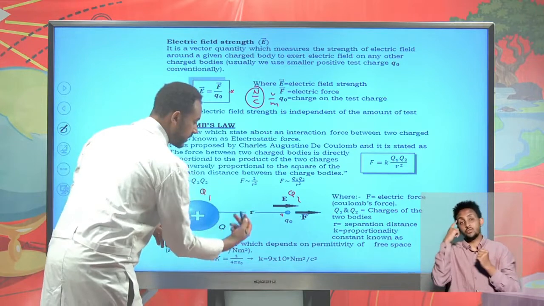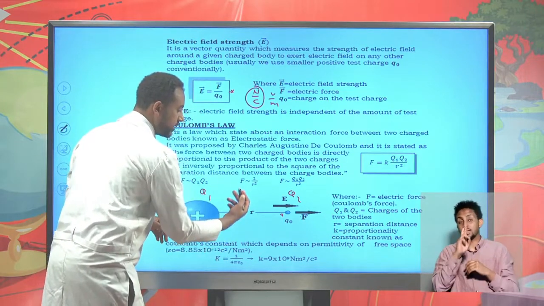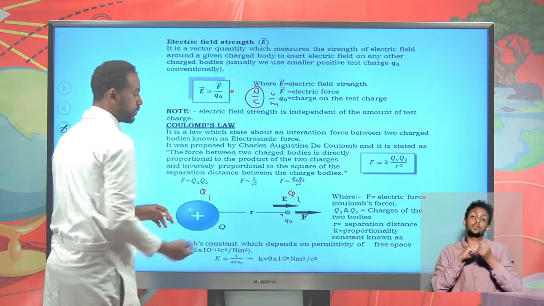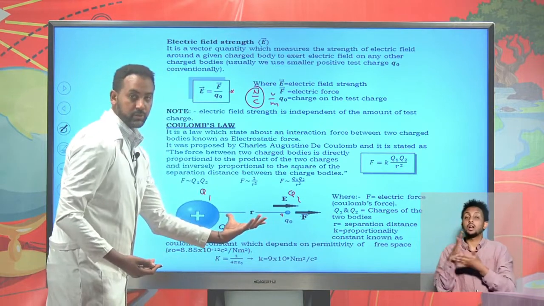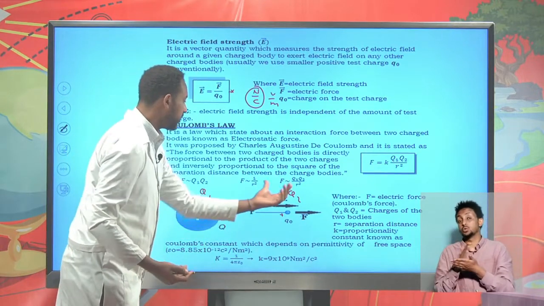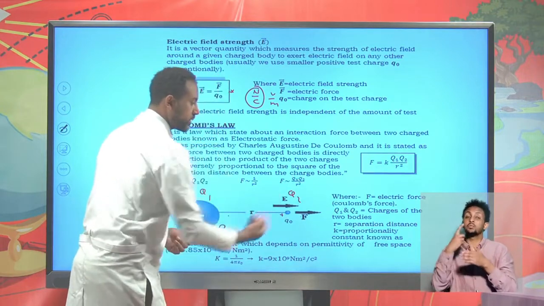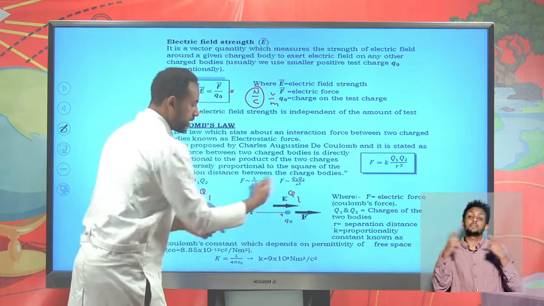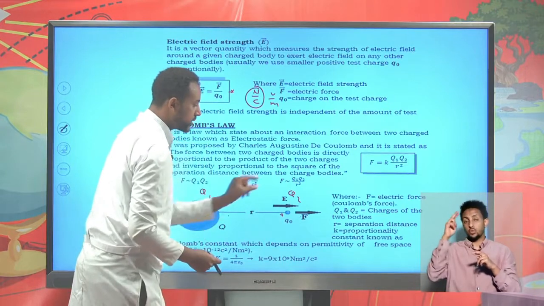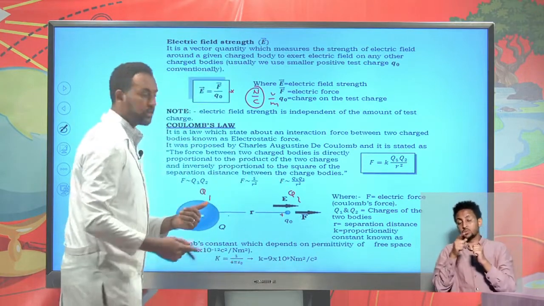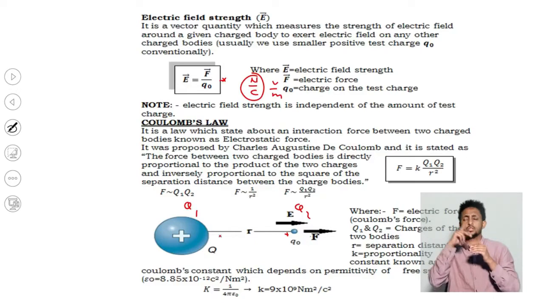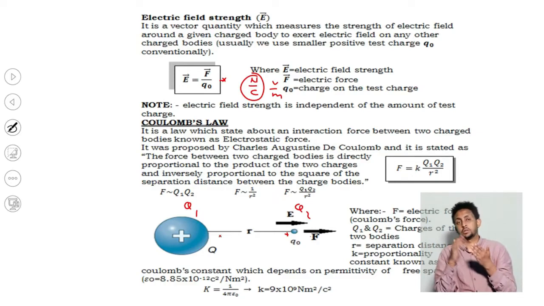For example, if the distance is expressed as r, the force is inversely related to the square of the gap between the charges. When you convert this into an equation, you have to introduce the proportionality constant k, known as Coulomb's constant, which measures properties of the medium.